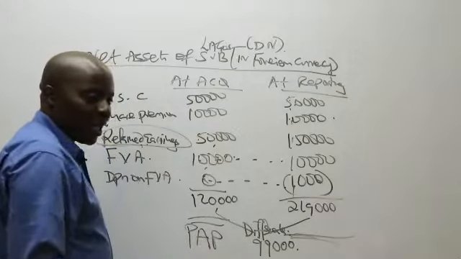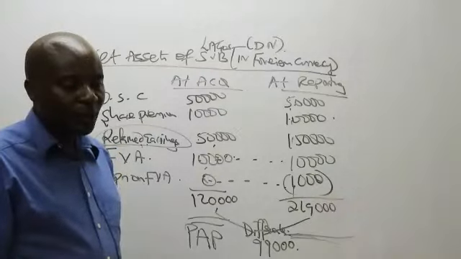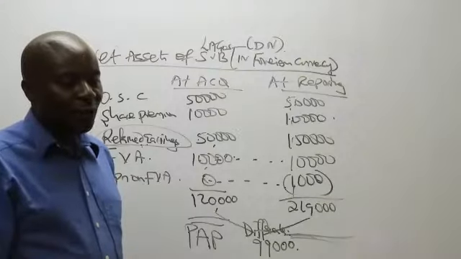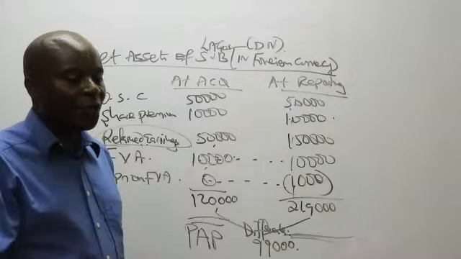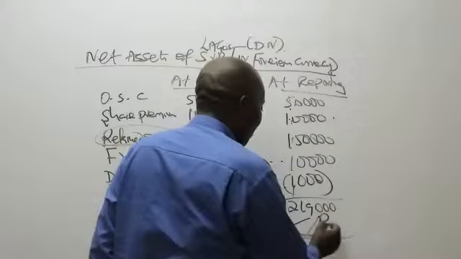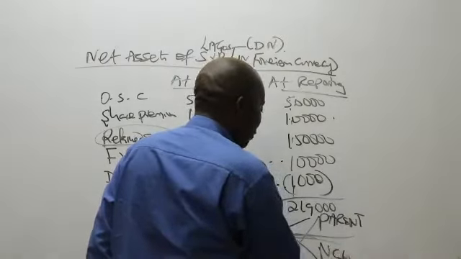And what do we normally do to the POP? We share it. We split it between the parent and the NCI. So come and split this. Tell us the parent will take how much and the NCI will take how much. Very important.